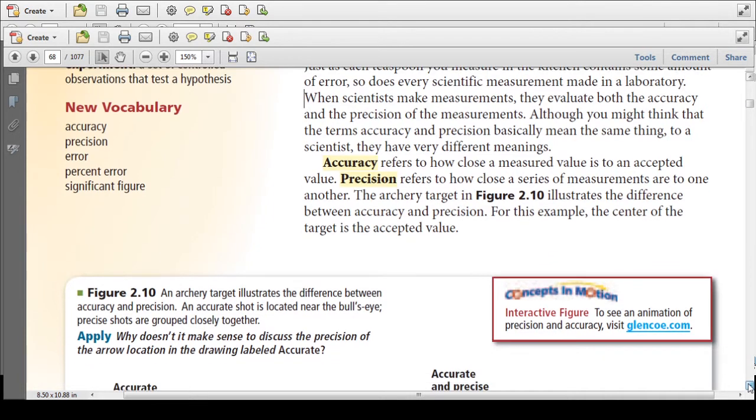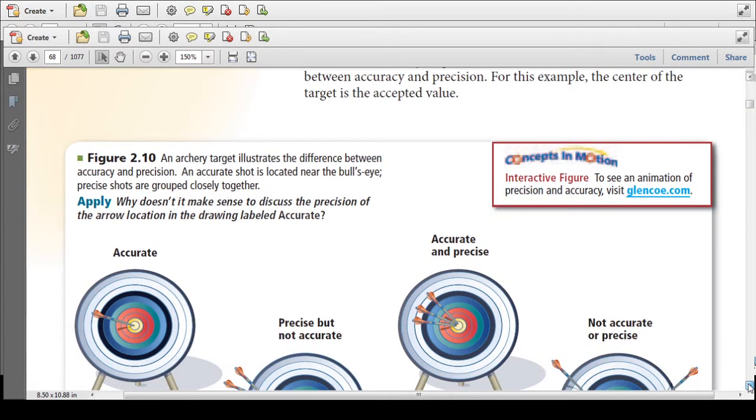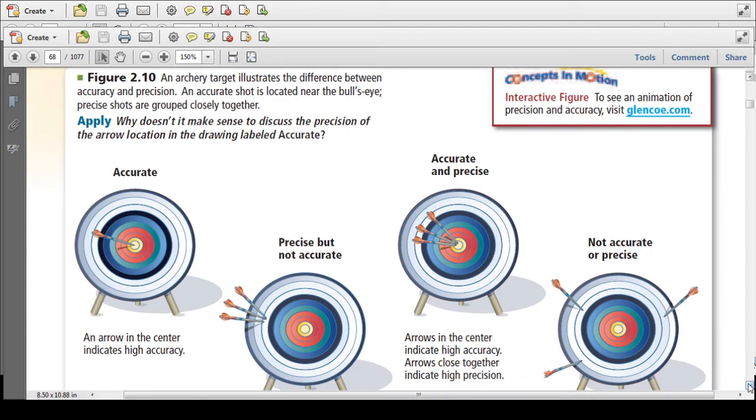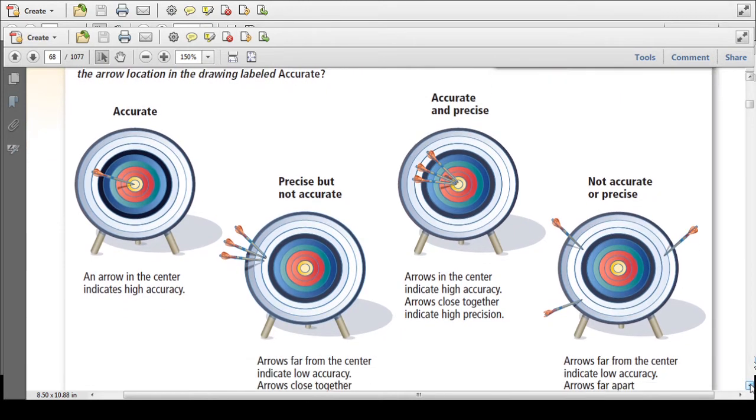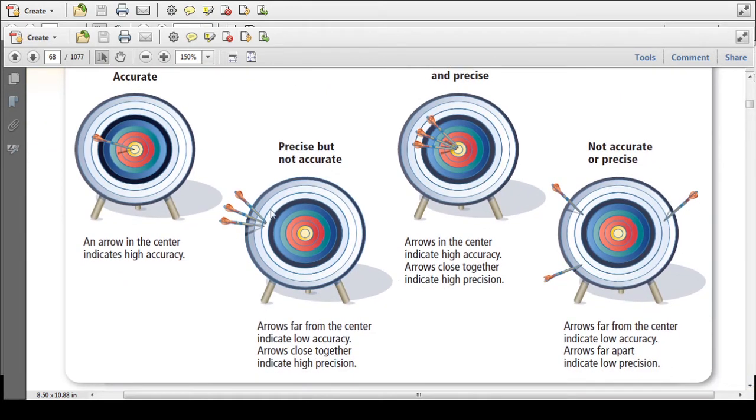Let's use this example below of an archery target. An archer is aiming for the bullseye, and if he hits the bullseye, he's pretty accurate, right? However, if he were to shoot 3 arrows and they landed within the same area, but not the bullseye, we can say that his shots are pretty precise in a given area.